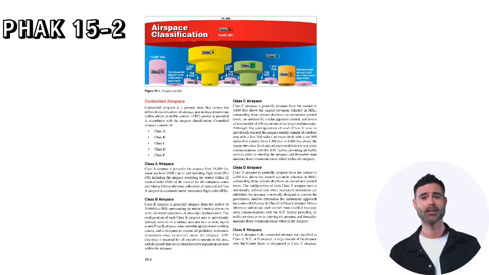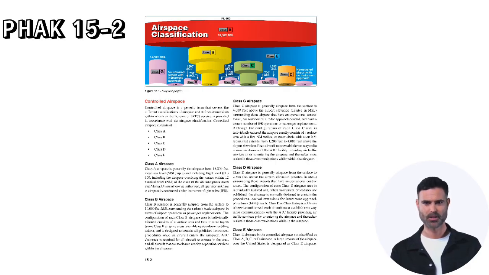Class C airspace. Class C airspace is generally airspace from the surface to 4,000 feet above the airport elevation, charted in MSL, surrounding those airports that have an operational control tower, are serviced by a radar approach control, and have a certain number of IFR operations or passenger enplanements.